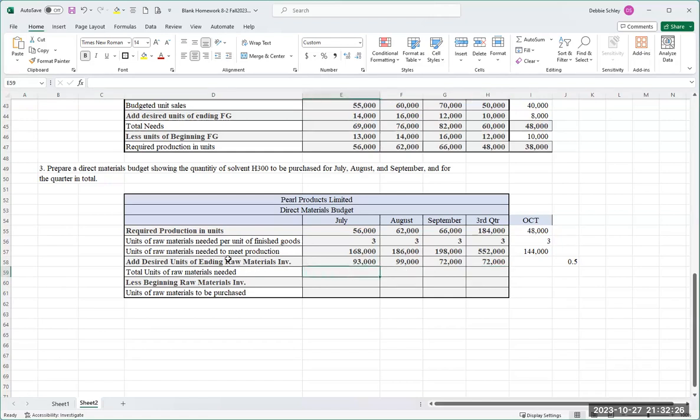Okay, so this tells me exactly what I'm doing. I've got units of raw materials plus desired ending, so that's exactly what I do here.